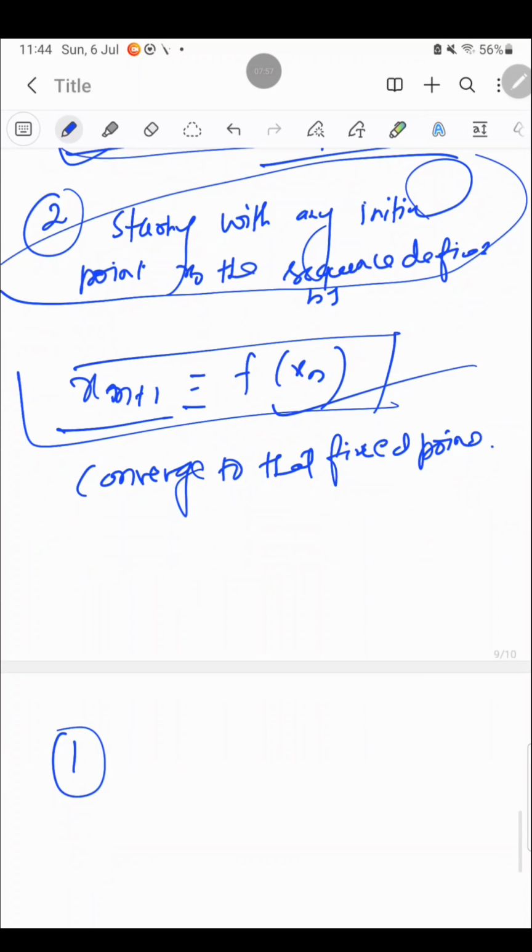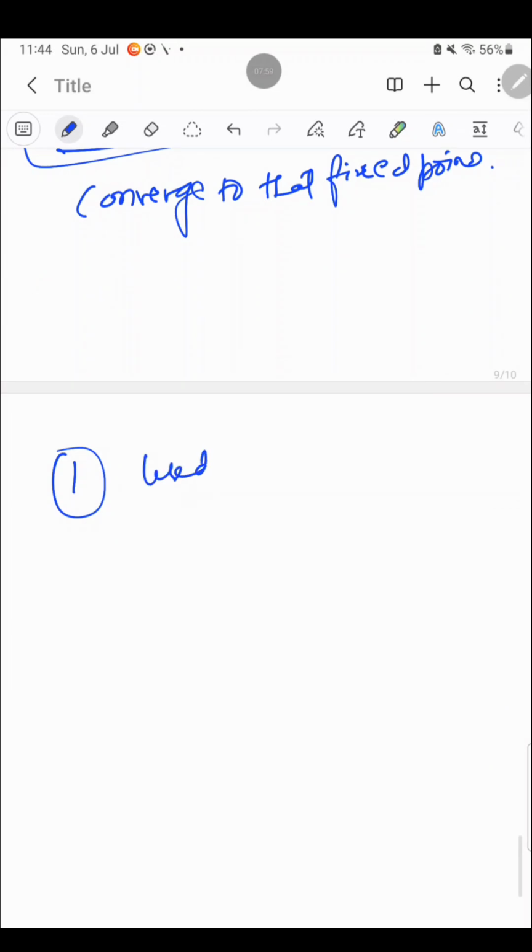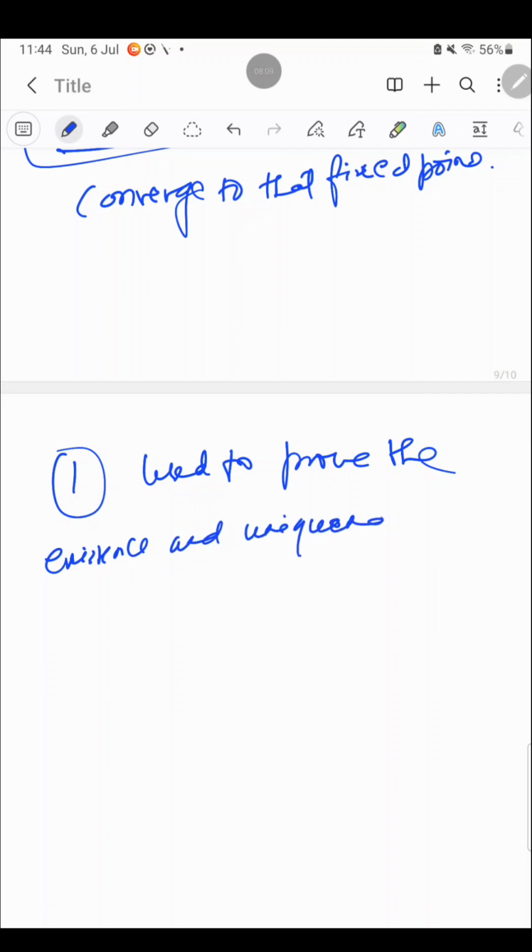Then, used in solving integral equations, and third, in numerical analysis, iterative methods like Newton-Raphson rely on the idea that you get closer to a fixed point. Okay.